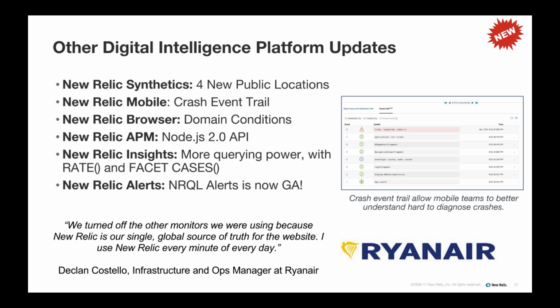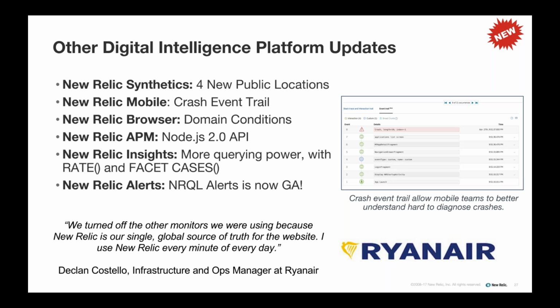New Relic APM is where we started. We're the best in the world at APM, and we've got a ton of great releases around APM all the time. HealthMap was our flagship release, but if you go to the release notes for any of our APM agents, you'll see an incredible amount of innovation. The feature that we're highlighting here is an update to our Node.js API, essentially giving you better flexibility and an enhanced API into the Node.js agent.